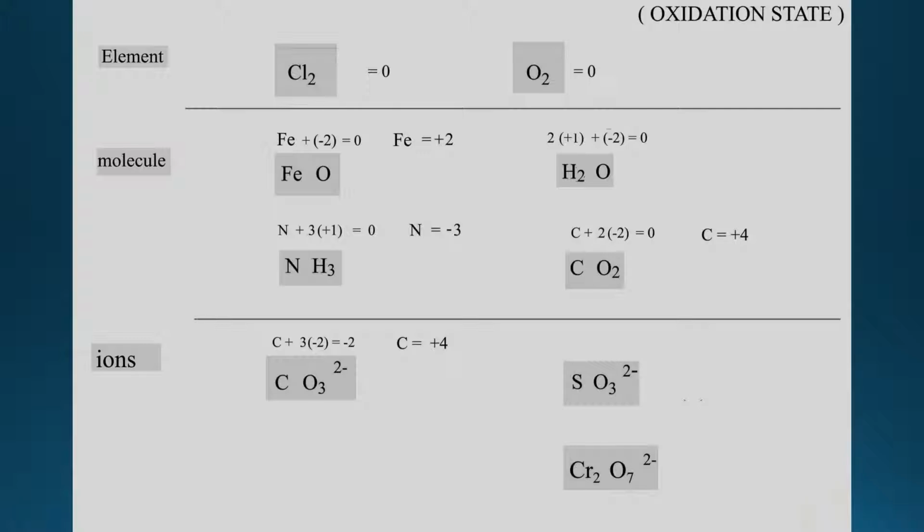Next one. S plus 3 times -2 equals 2 minus. S equals +4. Next. 7 Cl2 plus 7 times -2 gives -2. So Cl equals.